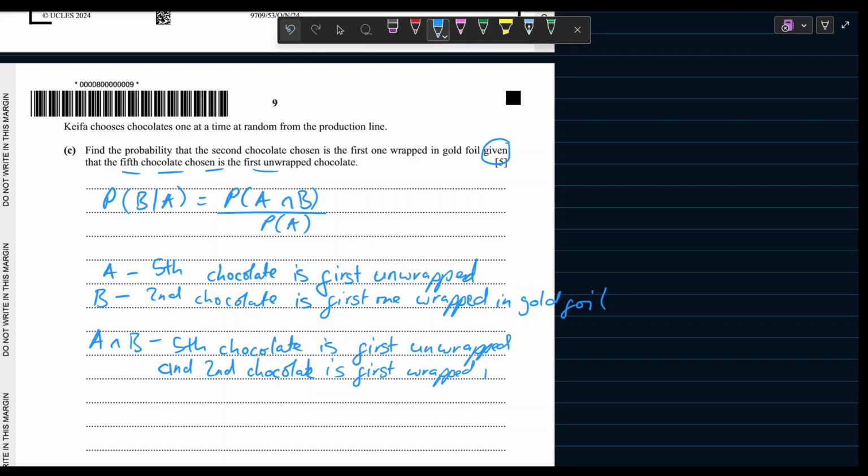This is a lot to write. Alright, so we need to find the probability of A and the probability of A intersection B.